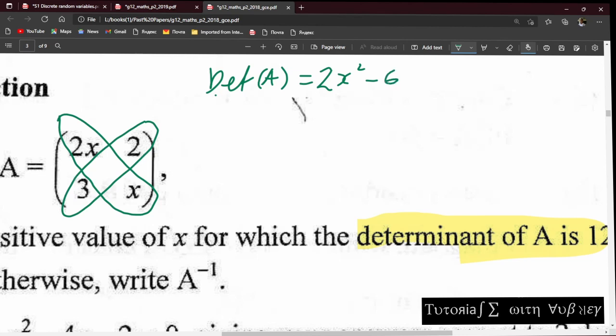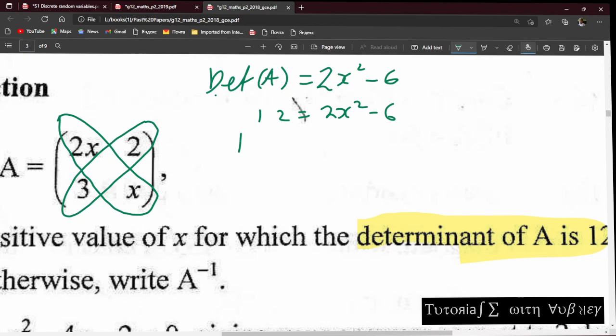Now we've been told that the determinant of A is 12. So we put 12 equal to 2x squared minus 6. Now we just want to remain with x as the subject. We introduce the additive inverse of negative 6, which is positive 6; when it crosses the equal sign, it becomes positive.